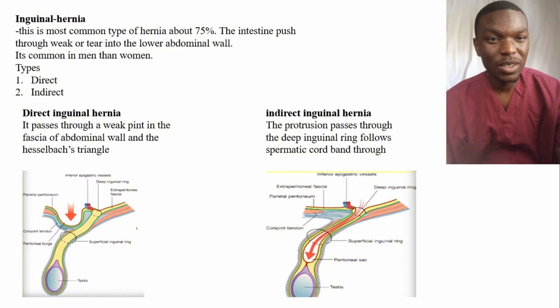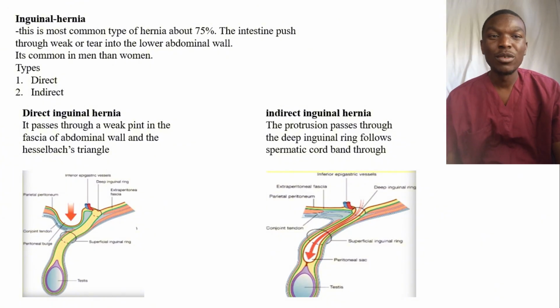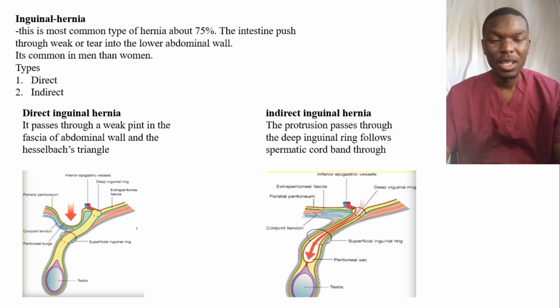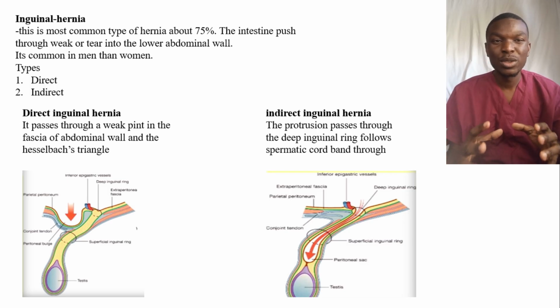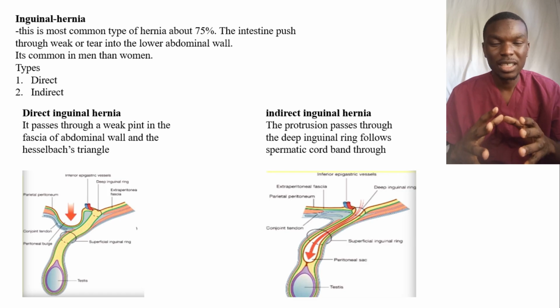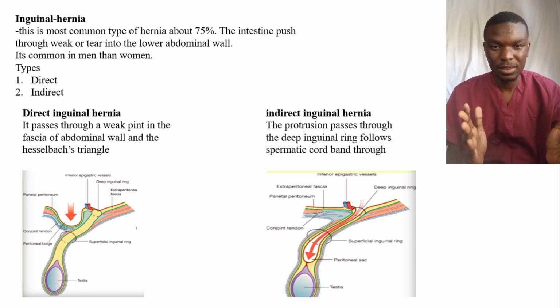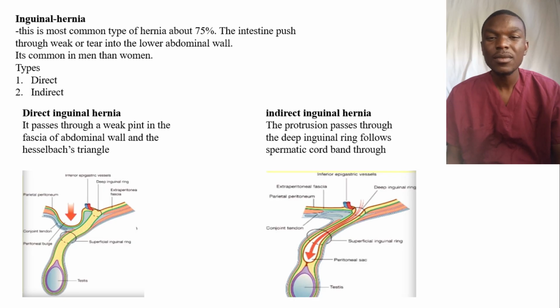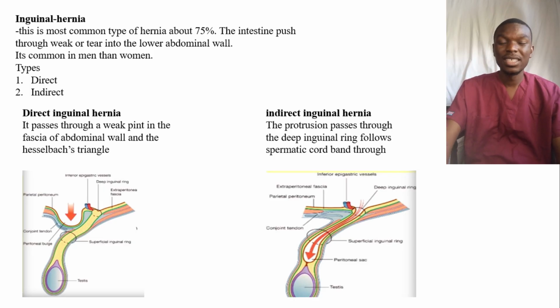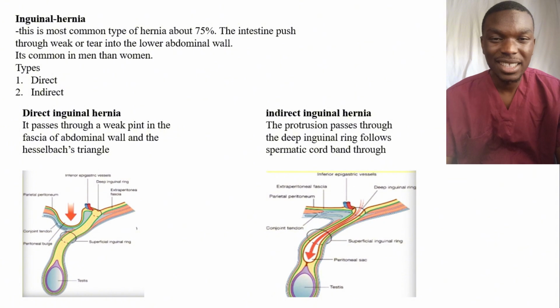So what is an inguinal hernia? This is the most common type of hernia, especially in men. So the intestines push through a weakness or a tear in the lower abdomen. There are two types. There's a direct and there's an indirect inguinal hernia.